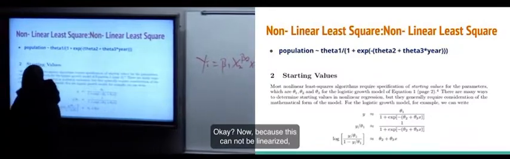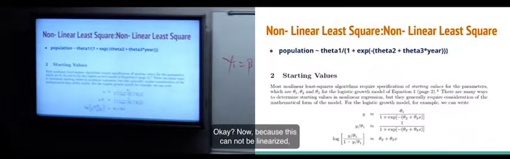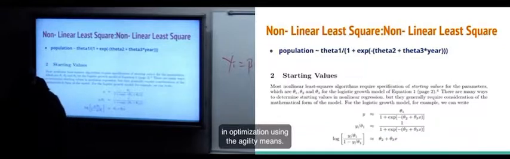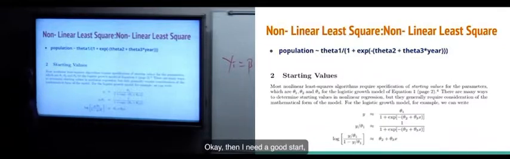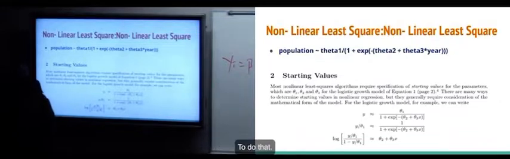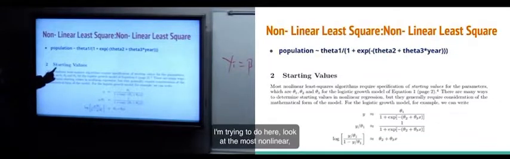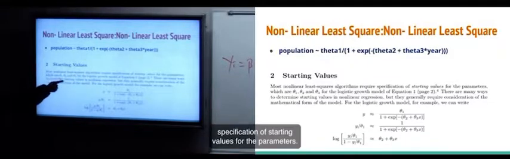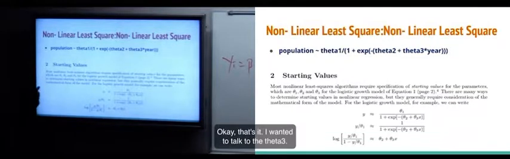Because this is an intrinsically nonlinear model that cannot be linearized, we're going to seek redress in optimization using iterative means, and I need a good starting point to do that. That's what I'm trying to do here. Most nonlinear least squares algorithms require specification of starting values for the parameters, theta 1, theta 2, theta 3.